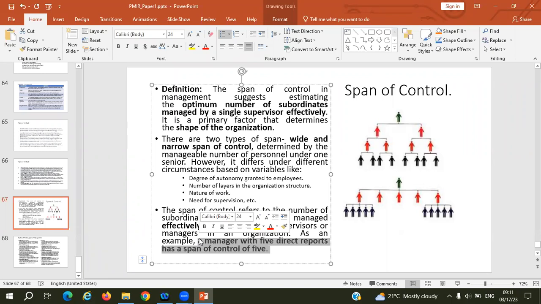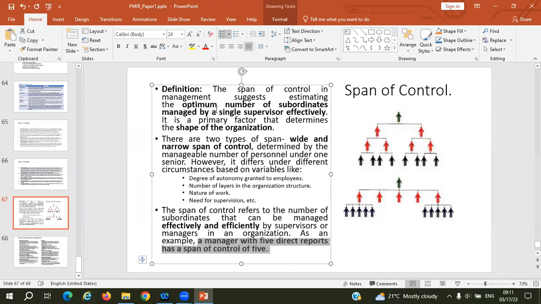That is the logic, that is the concept. So you understood a little bit what is the meaning of span of control. The definition, I'll go through it once again.